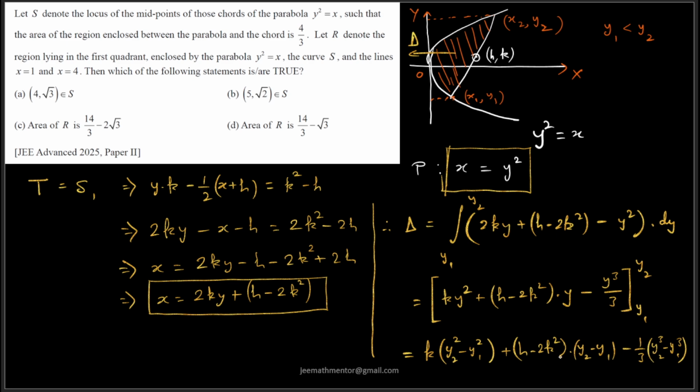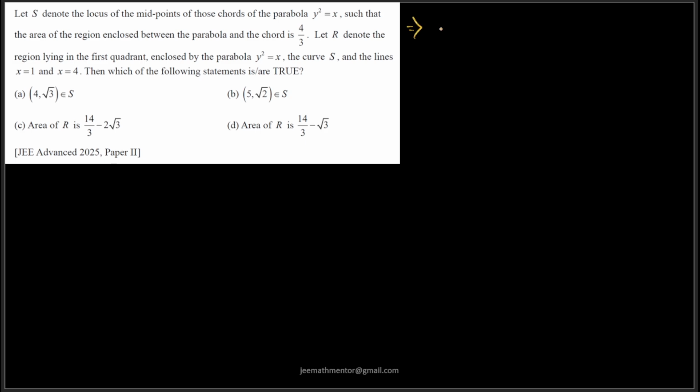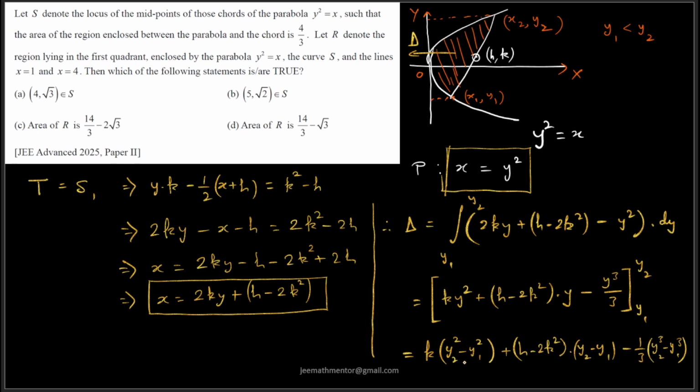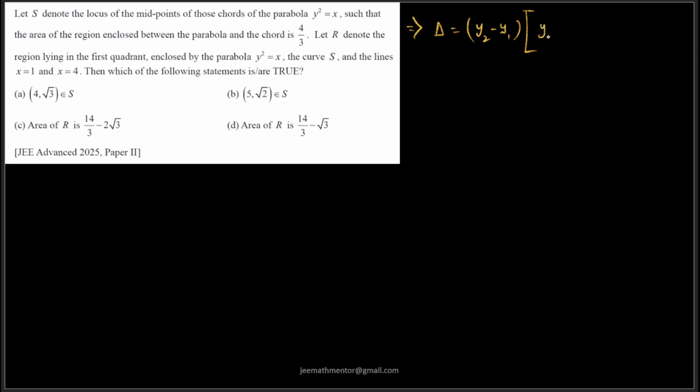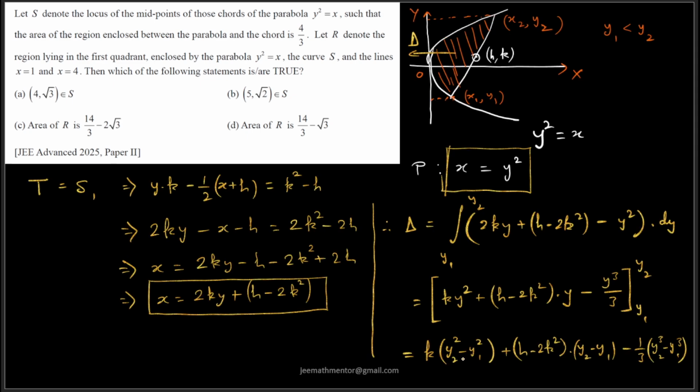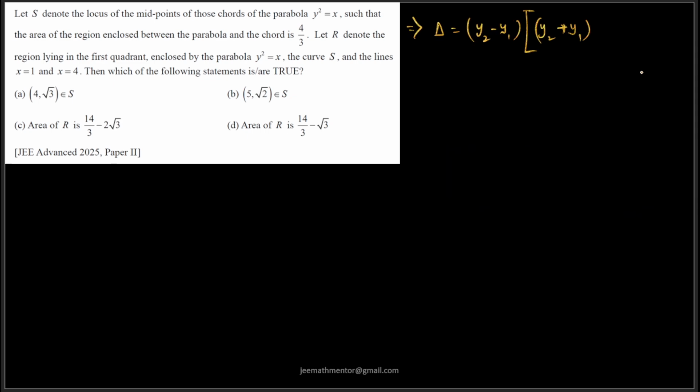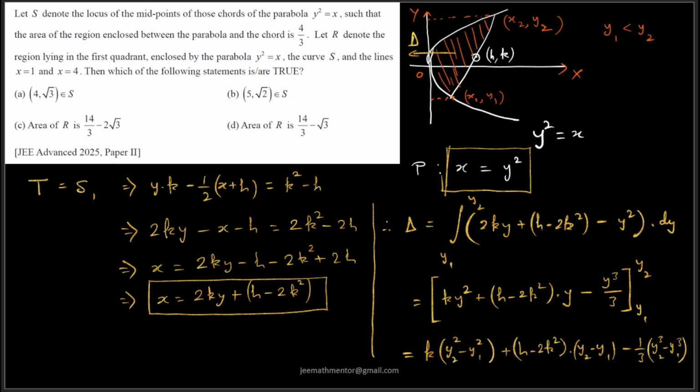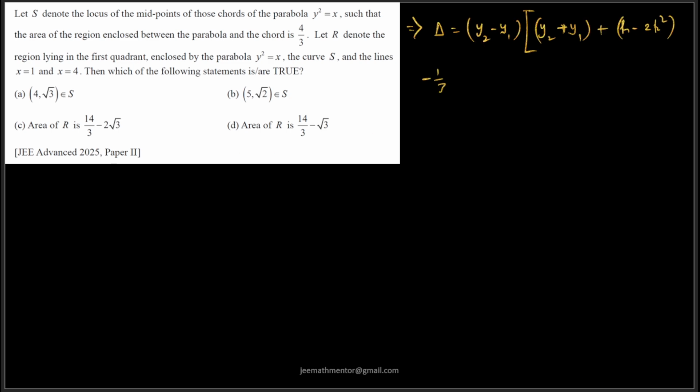So of course from here we can see y2 minus y1 can be taken common, and this gives us delta equals, if we take y2 minus y1 common, then we will be left behind with k times y2 plus y1, plus simply h minus 2k squared, minus one third of, now that was y2 cube minus y1 cube.